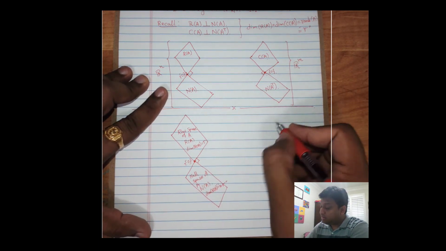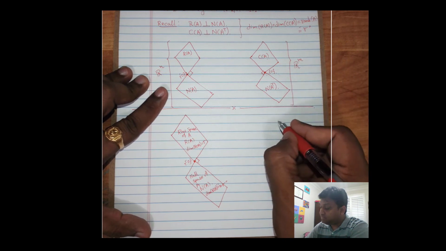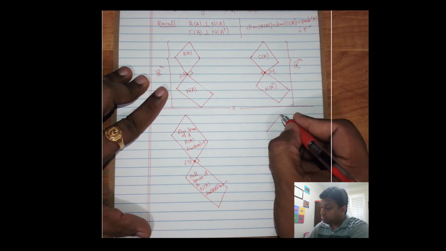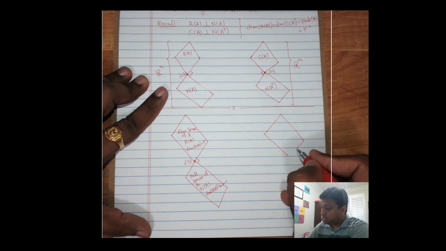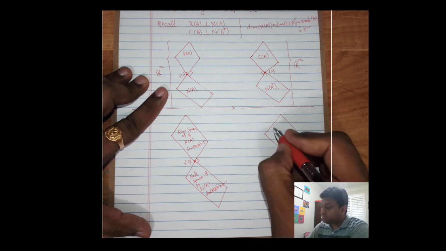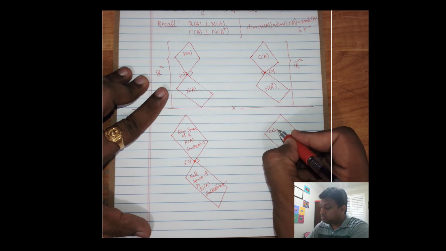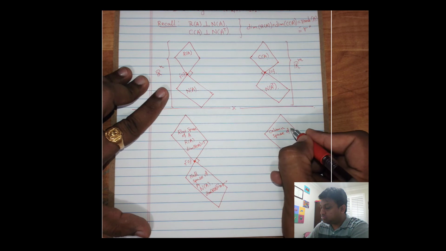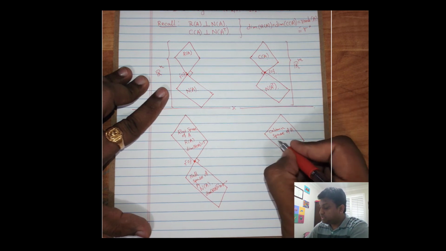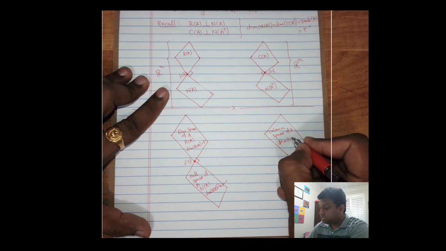And here are two subspaces of Rm. I have the column space of A, with dimension same as the row space.